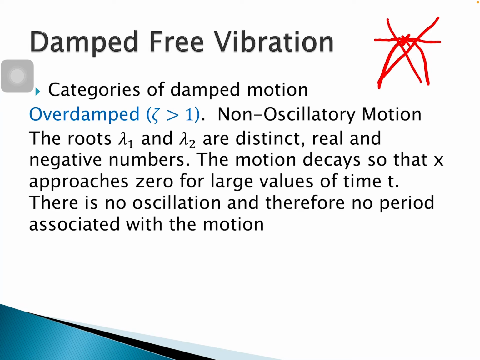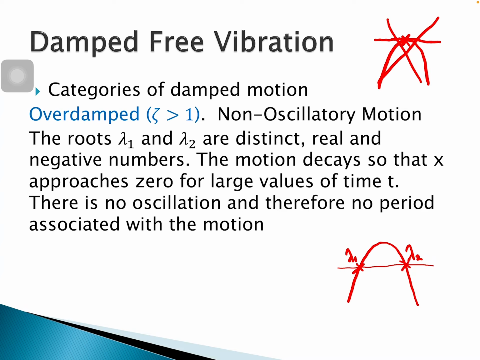Okay, for the overdamped situation, these are the categories of damped motion. For overdamped, actually we have two roots right here. So this is the overdamped situation. We have roots lambda 1, lambda 2. They are distinct, different, real and negative numbers.